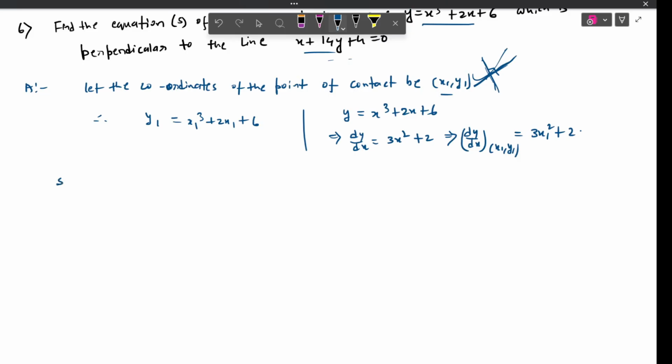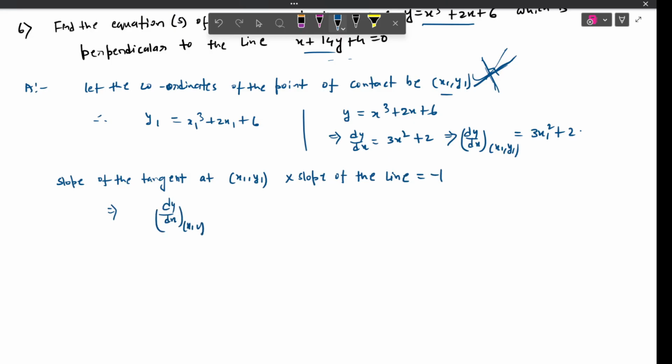So we can say slope of the tangent at x1 comma y1 into slope of the line should be minus 1. Slope of tangent is dy by dx at x1 y1. What is the slope of the line? The equation is given as x plus 14y plus 4 equals 0.